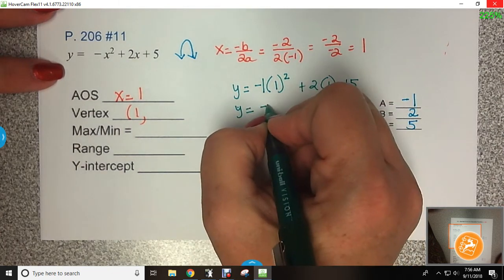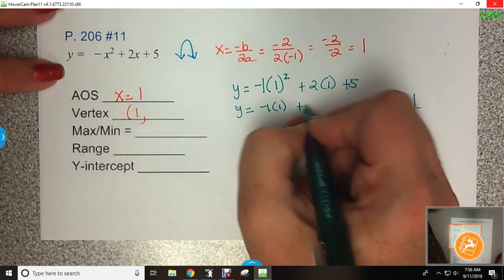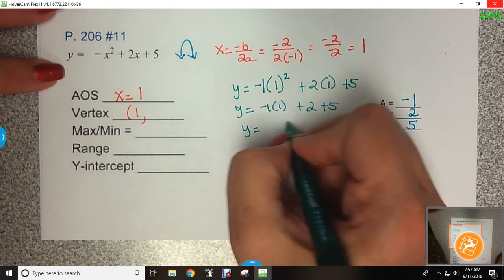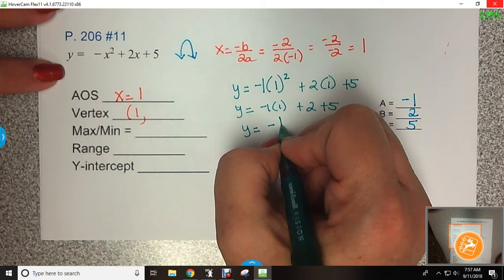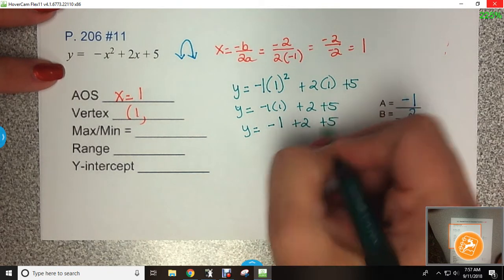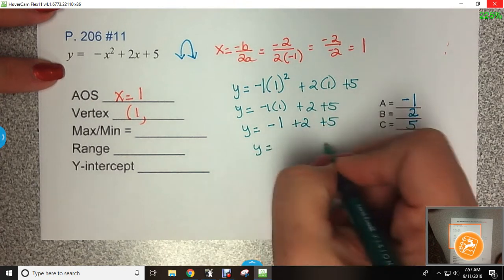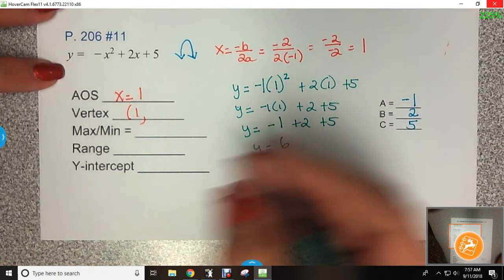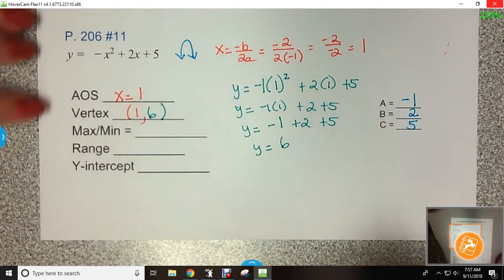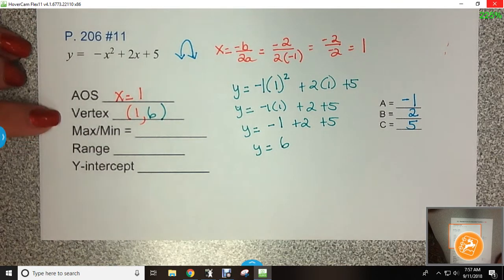So that gives me negative 1 times 1 plus 2 plus 5. So negative 1 times 1 is negative 1 plus 2 plus 5, and that's going to give me 6. So when x is 1, y is 6, and that's my vertex.